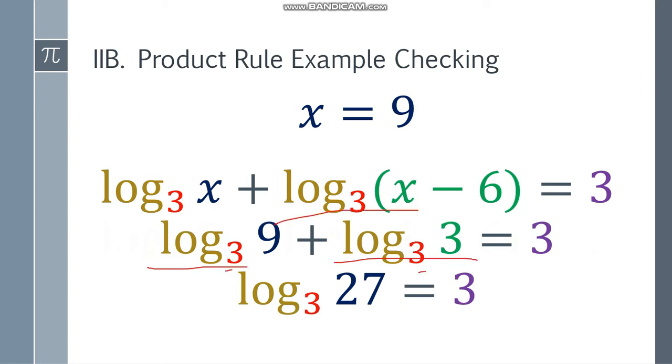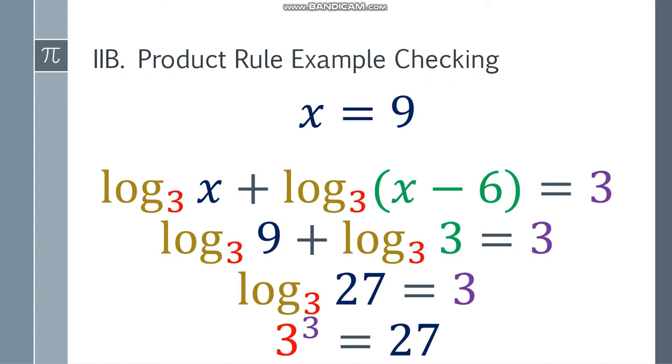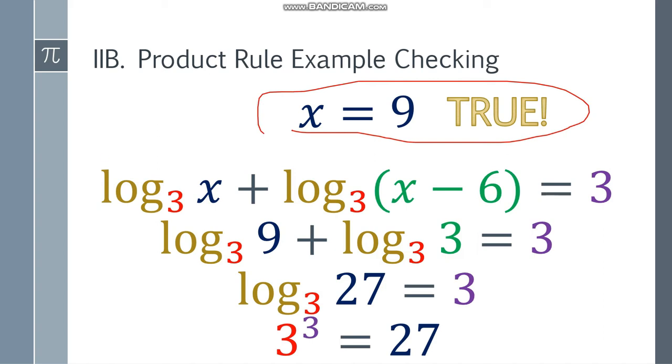So 9 times 3, we got 27 here. Now, exponential form: 3 cubed is equal to 27, and 3 cubed is 27. That is correct, so this is true. x is equal to 9, so this equation is true.